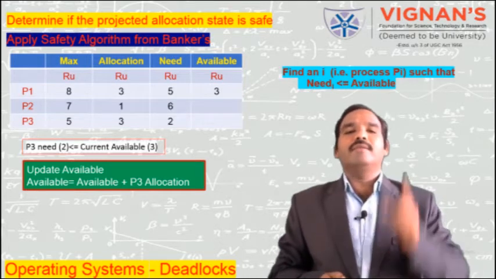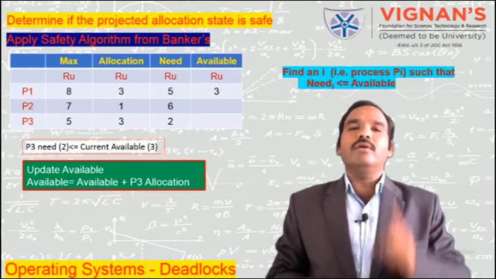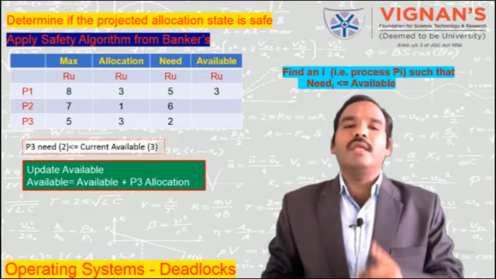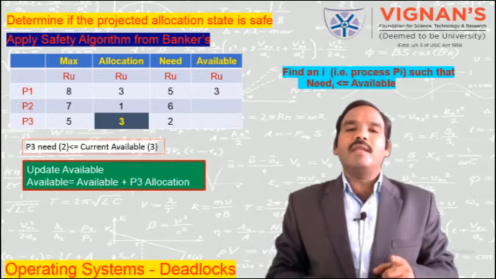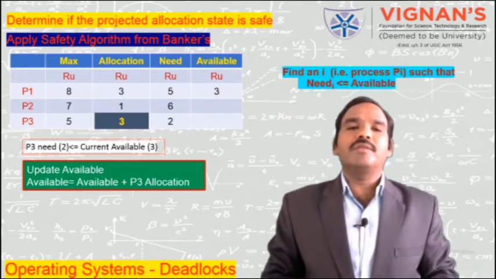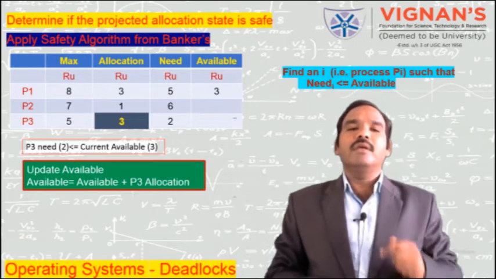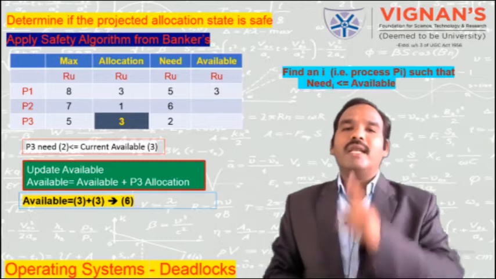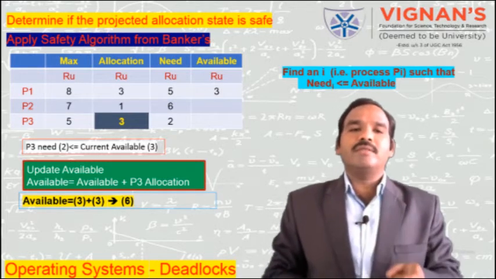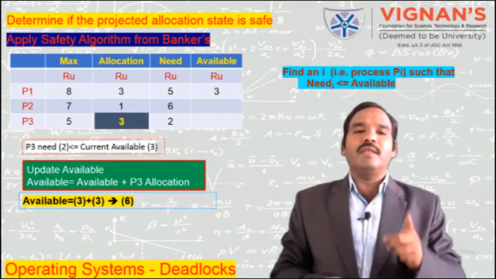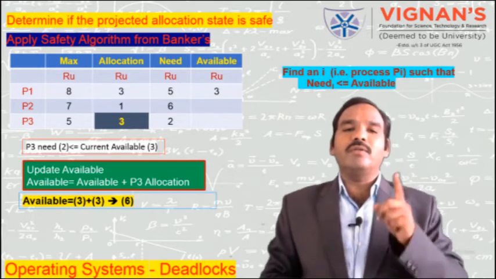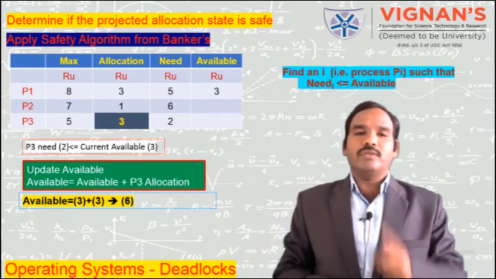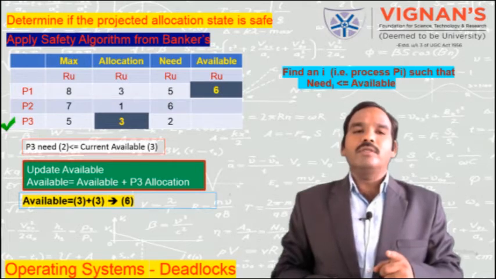Available equals available plus P3 allocation. P3 allocation is 3. The current available is 3, plus the allocation of P3, 3, which equals 6.